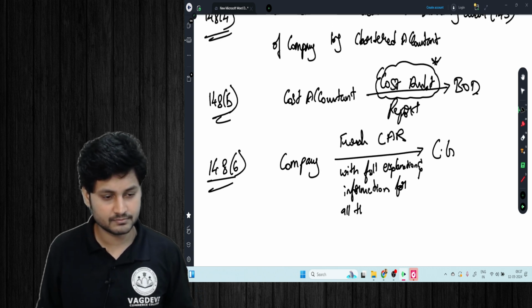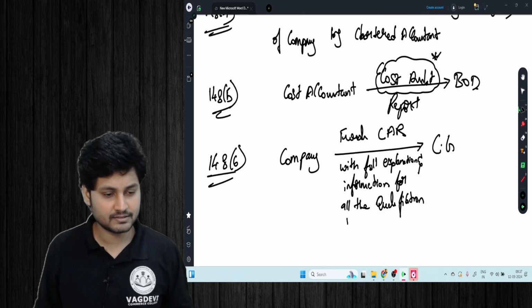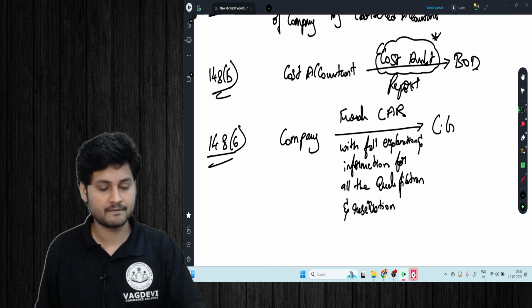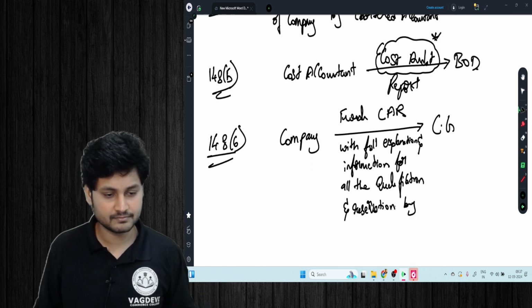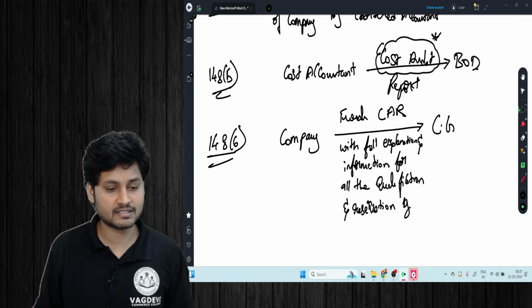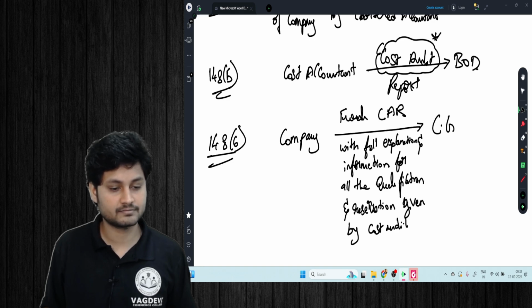All the qualifications and reservations given by the BOD to reservations. Who gave them? Given by the cost auditor.